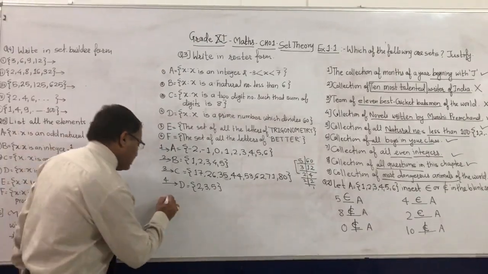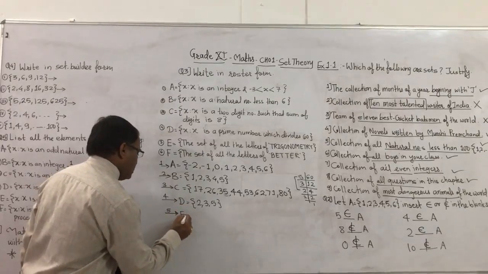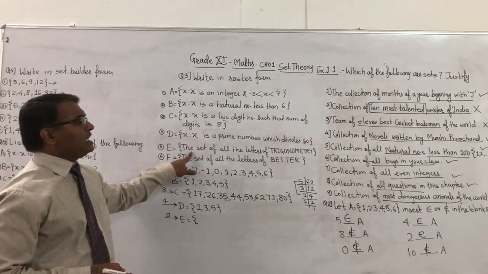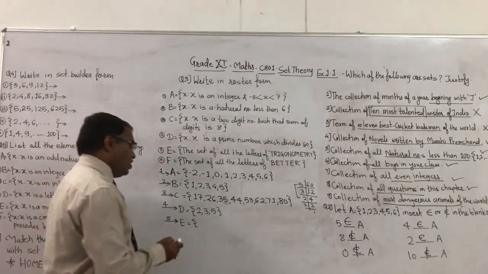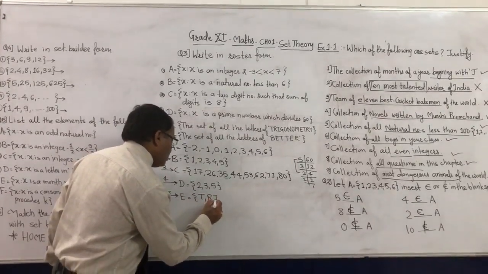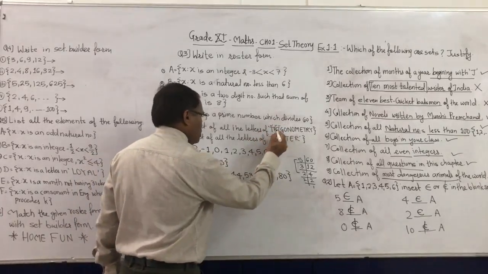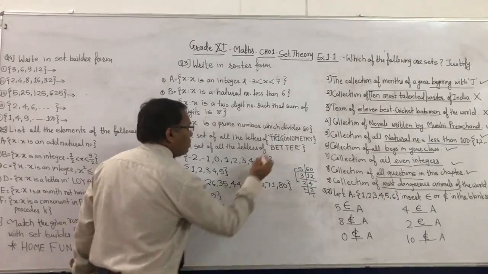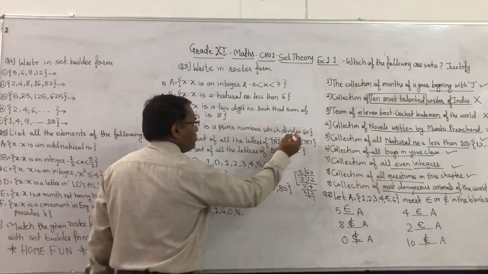Okay, now the next answer, that is sum number 5, where our set is E. What is this? The set of all the letters of trigonometry. It means T, R, I, O, T, R, I, G, okay, then O, then N. What about this O?